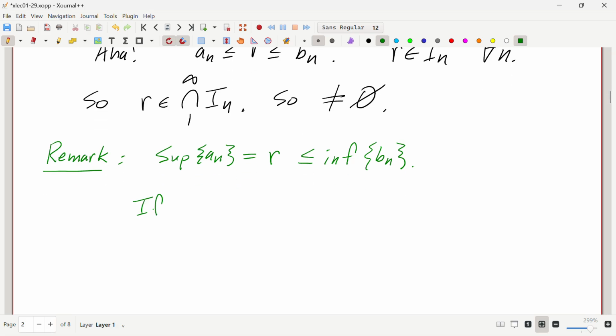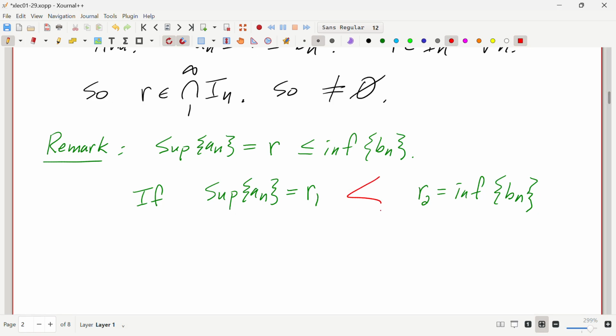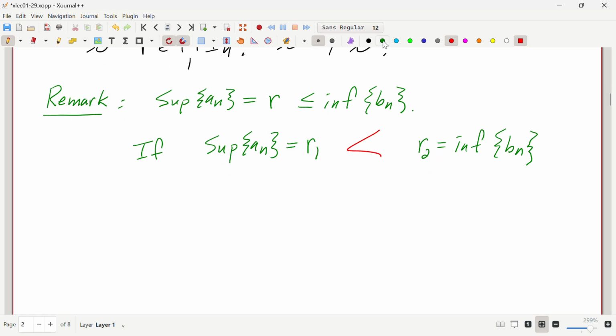If there's a strict inequality here, so if sup an equals R1, and that's strictly less than the infimum of the bn's, which I'll call R2, make that less than sign in red, then the whole interval from R1 to R2 is contained in the intersection.